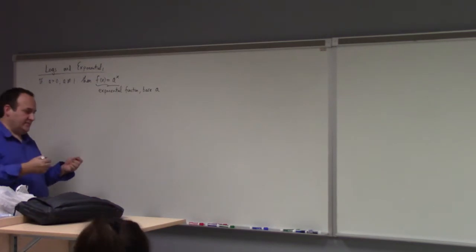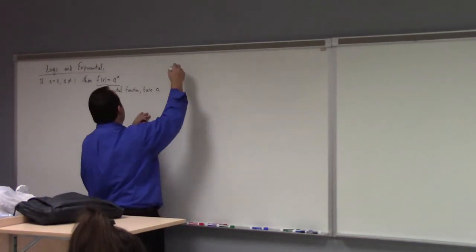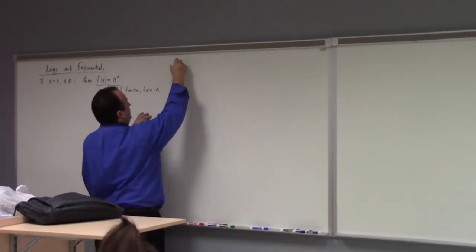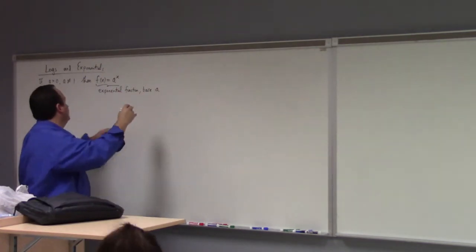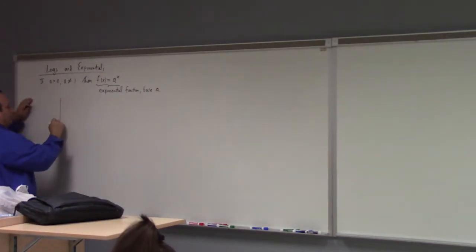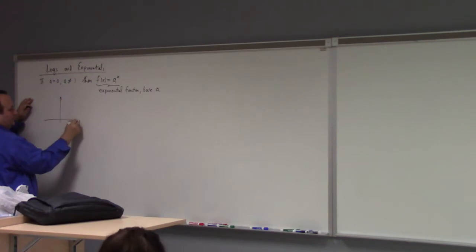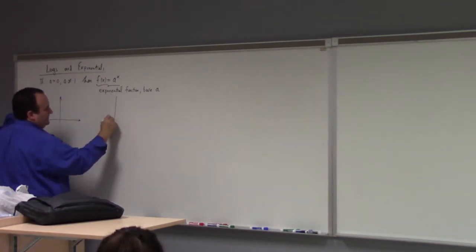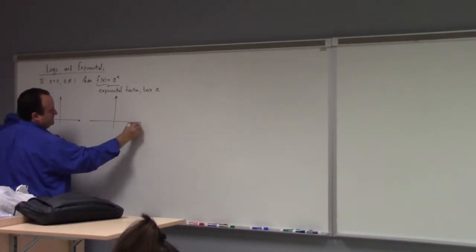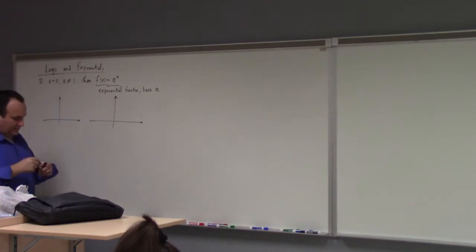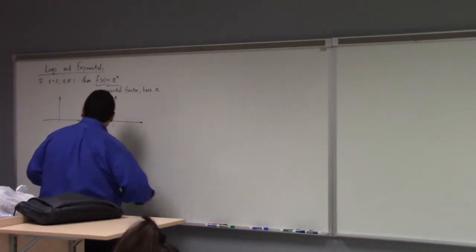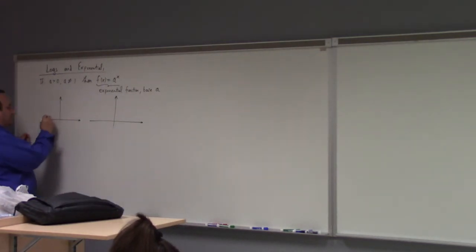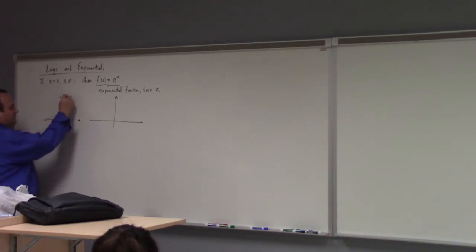Now, the graphs of those, let me just throw up the graph here right quick. The graph of that either looks like, I'll draw them side by side, although of course you could put them on the same graph if you wanted to. But the one shape is like this.